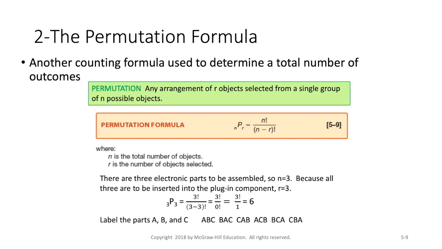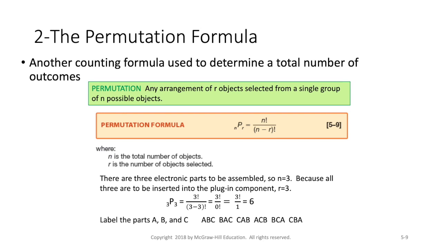And I'll show you in a second. So this 3 factorial, we would write it out as 3 times 2 times 1, which then divided by 1 equals 6. And if we label our 3 parts A, B, and C, there are 6 unique combinations, 6 different ways we can organize those 3 parts.